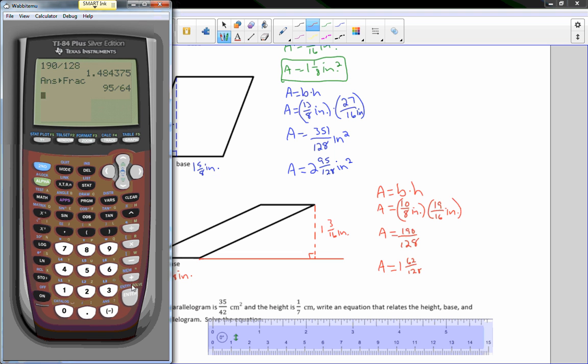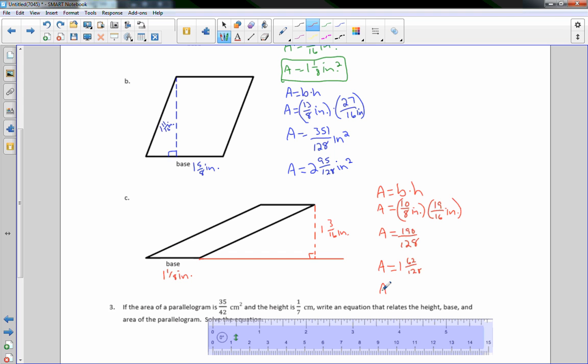And if I change that to a fraction, it is 95/64. Okay, or 95 minus 64 is my remainder, 31, over 64. So the area is 1 31 over 64.